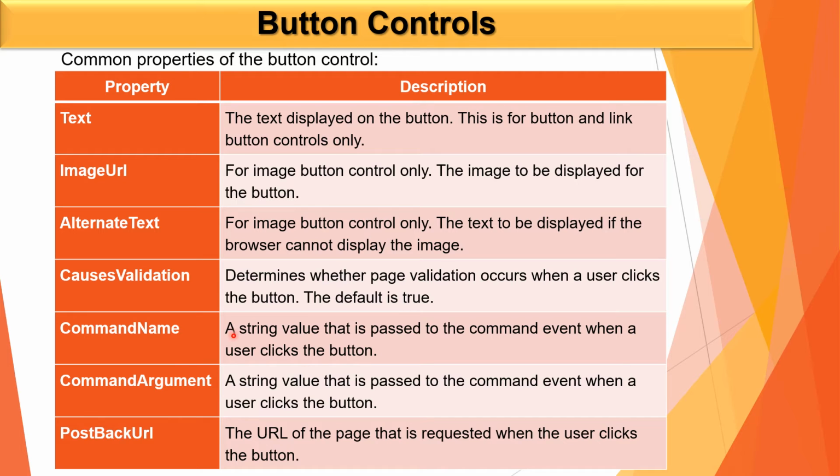Then CommandName is a property that gives a string value that is passed to the command event when a user clicks the button. Next is CommandArgument, a string value that is passed to the command event when the user clicks the button. And PostBackUrl is a property used for the URL of the page that is requested when the user clicks the button.